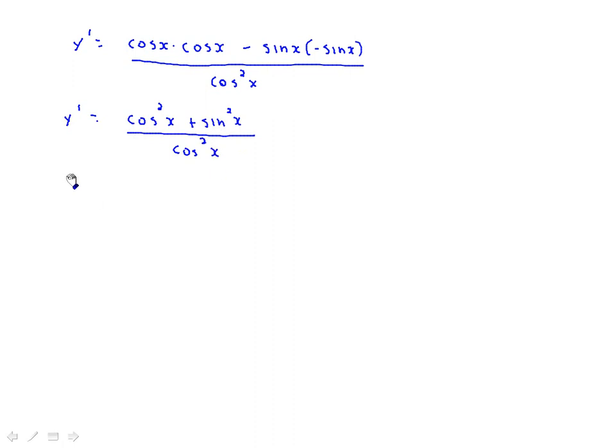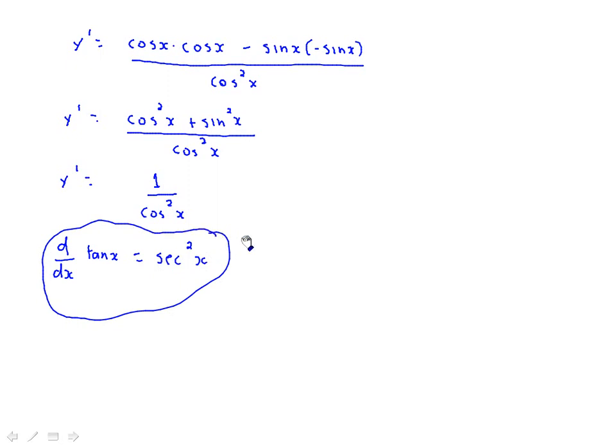Now you take a look at that numerator and it will occur to you, I think, that using a Pythagorean identity, cos squared plus sine squared is equal to 1, and then cos squared in the denominator, and that's correct, but typically we'll write the derivative of tan x in a non-denominator form. The reciprocal of cos squared is going to be secant squared x. So there we have it. That's how we differentiate tan.